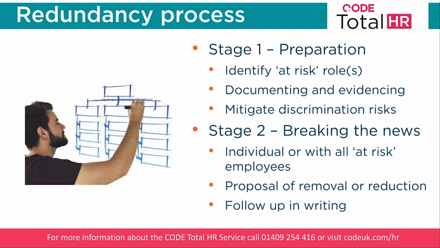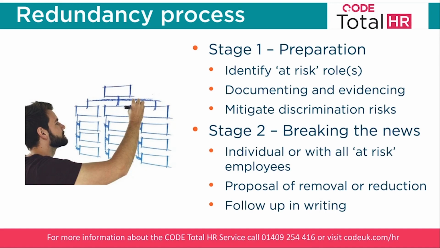The key point to keep in mind here, and something that we've seen employers across all industries get wrong time and time again, is that you need to be identifying the roles at risk rather than the individuals. By that, I mean you would be identifying that potentially your reception role or your dental nurse role or your practice manager role is at risk of redundancy rather than the individual people in those roles.